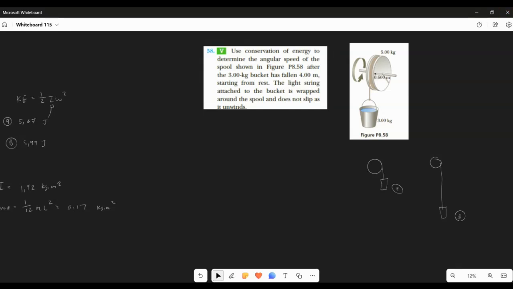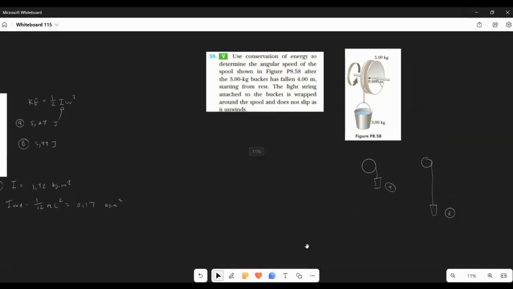Okay, right. So for us to calculate this, let's assume at situation A the potential energy is 0, and eventually we drop down from 0 to around 4 meters.